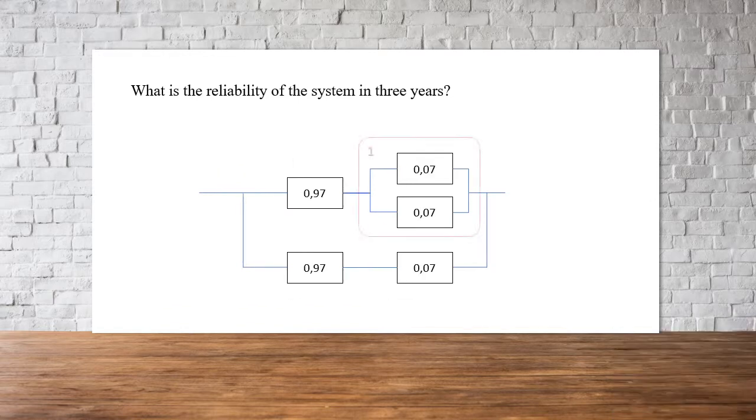So what we need to do, this is my suggestion. When you want to calculate the reliability of the whole system, try to divide it into subsystems. In this exercise, we first calculate the probability of the first part, number 1. Then we calculate number 2.